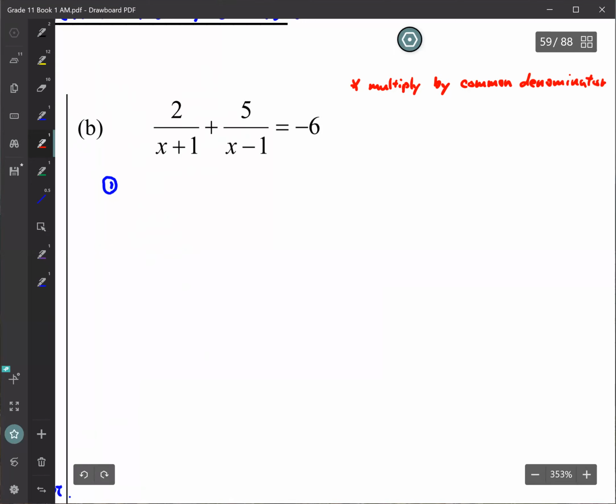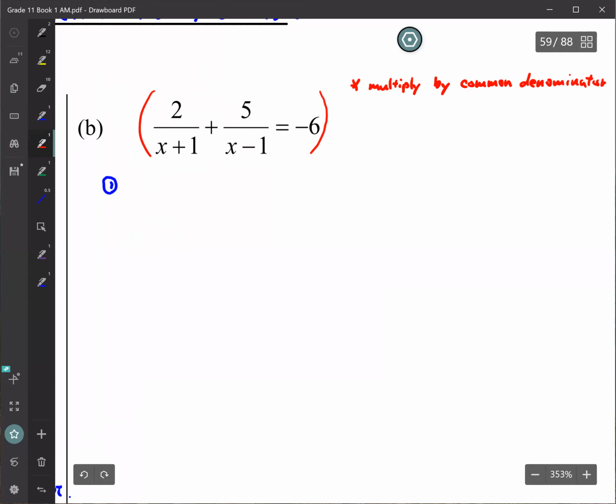In this case, our common denominator is, you have the x plus 1, that's a denominator, x minus 1, that's another denominator. So the common denominator will be those two. So the whole thing, left side and the right side, they both multiply by x plus 1, x minus 1.